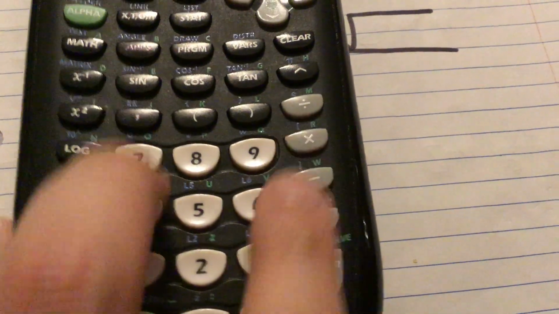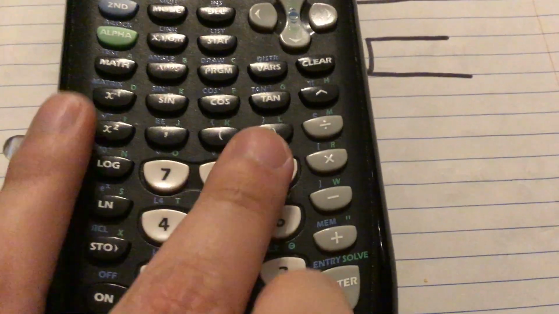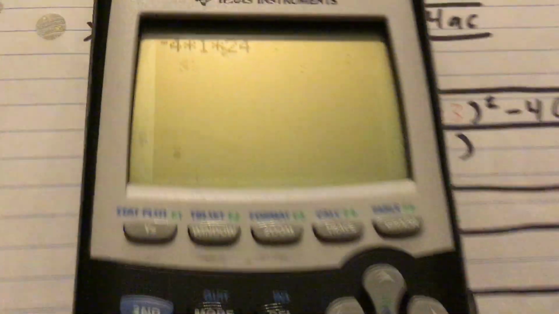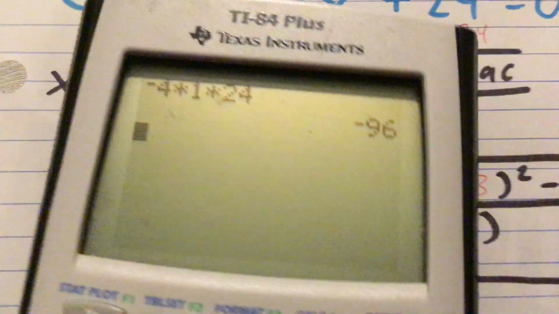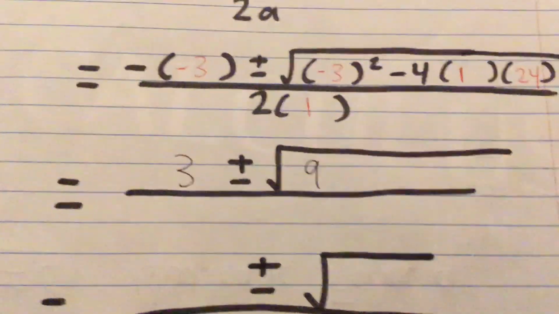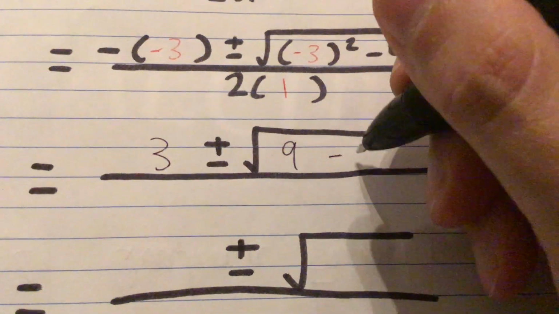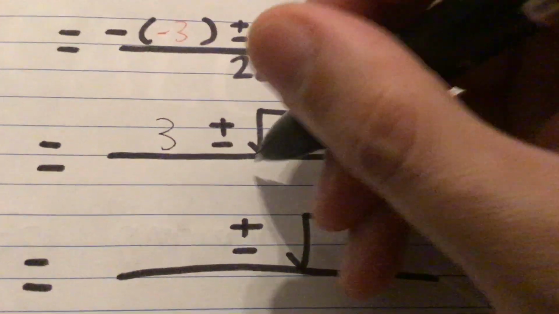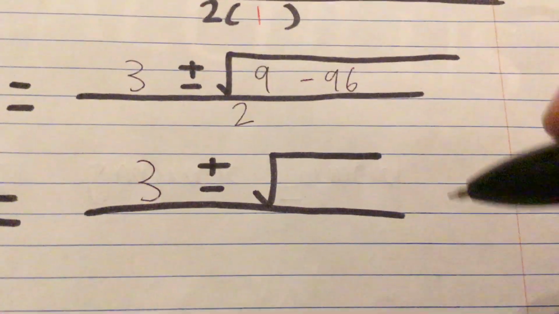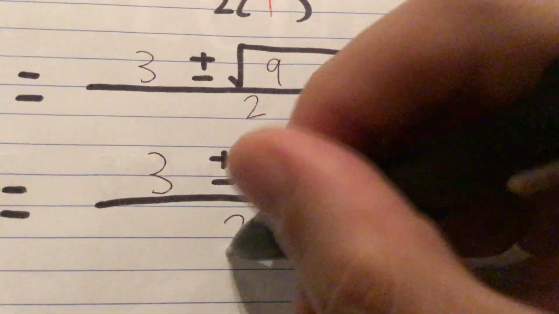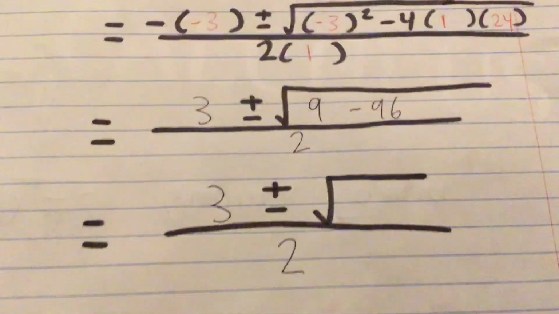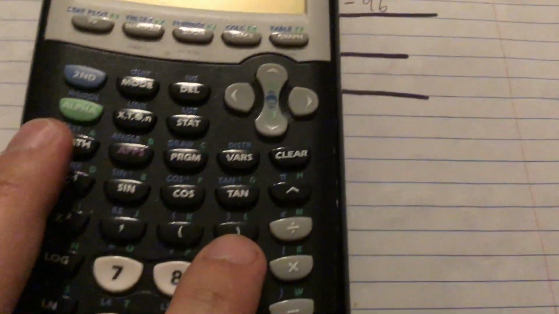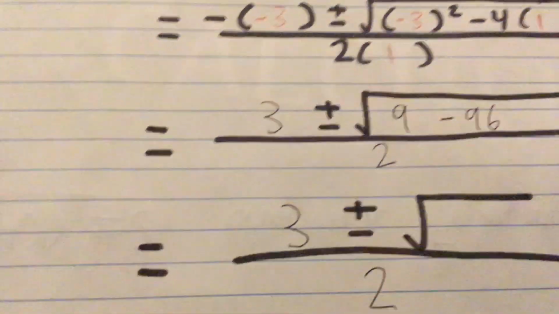Negative 4 times 1 times 24. That'd be negative 96, just like I predicted. So 9 minus 96 over 2 times 1, which is 2. 3 plus or minus the square root of whatever that is over 2. 9 minus 96, just to get it right, 9 minus 96 is negative 87.